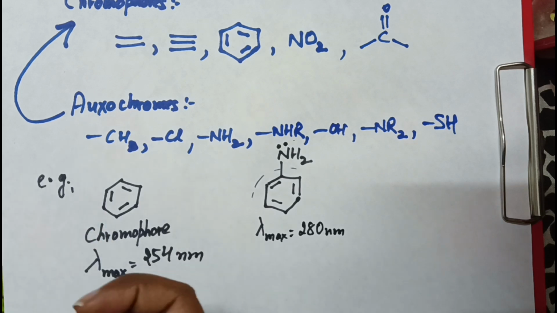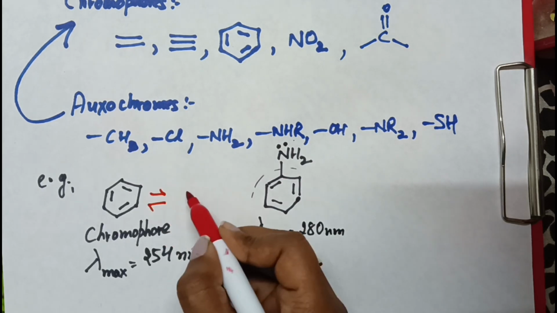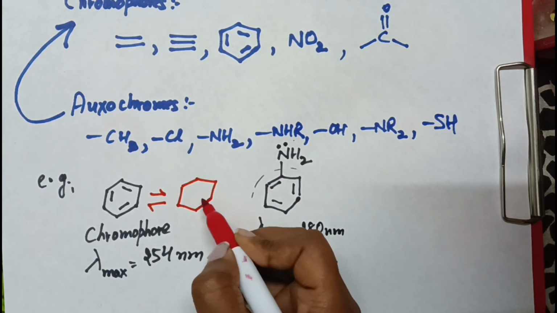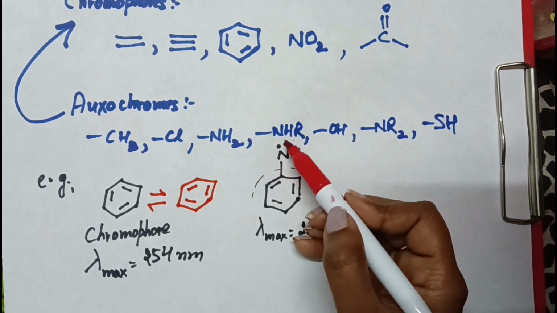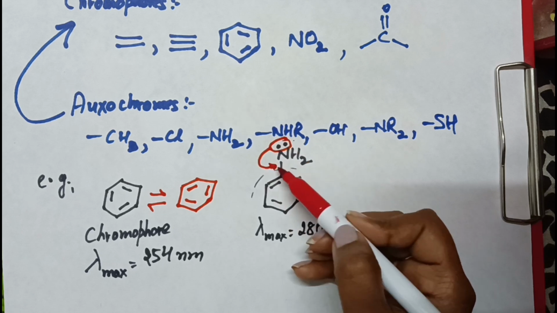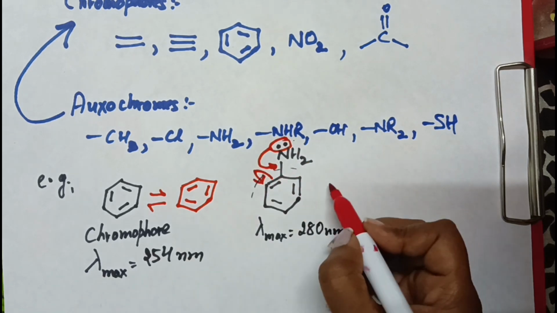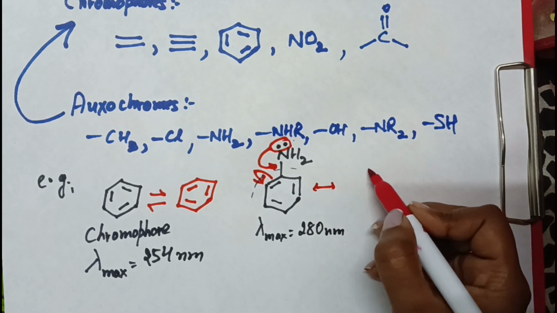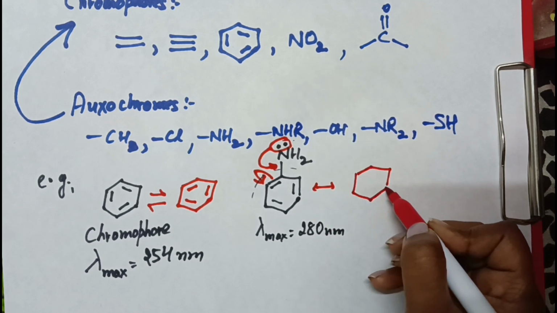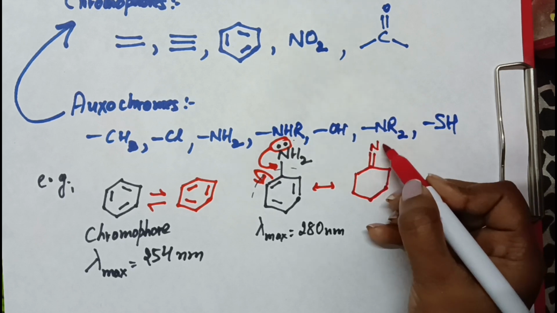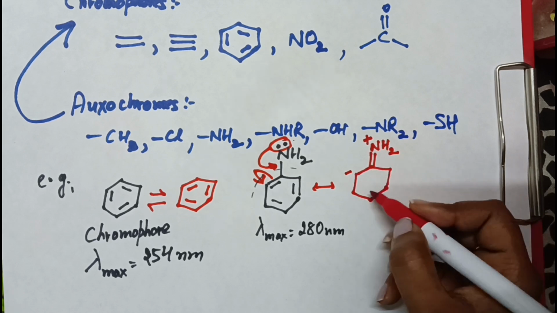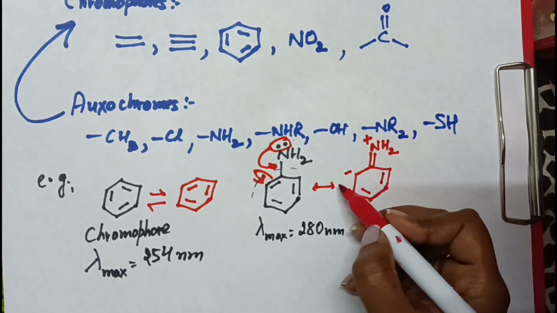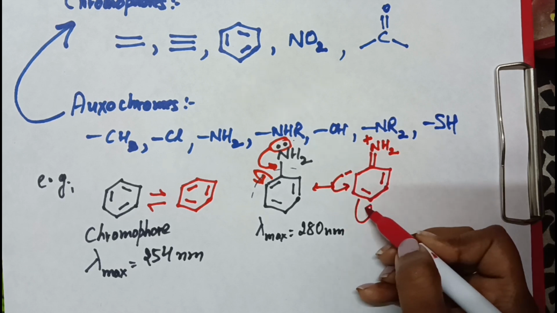Benzene will be having the two resonating structures, like this. And this will be having multiple resonating structures. First of all, this will go here. This double bond will go here. Now this goes here and this goes here.